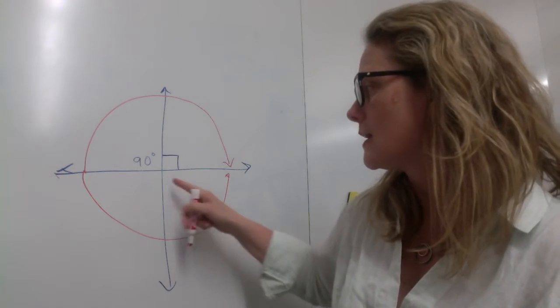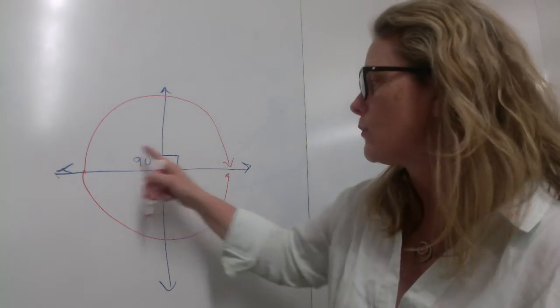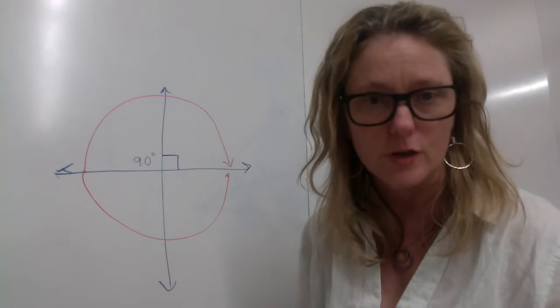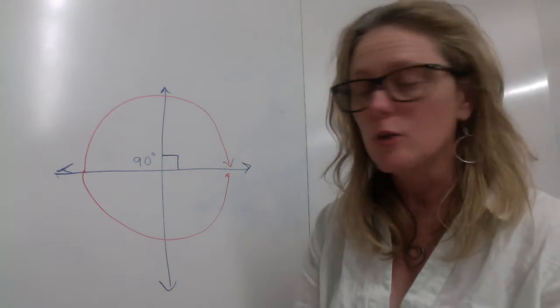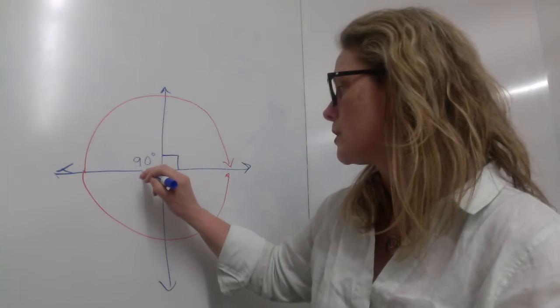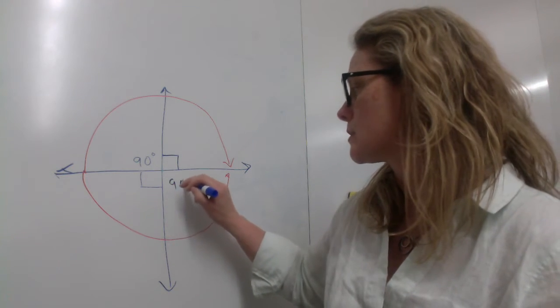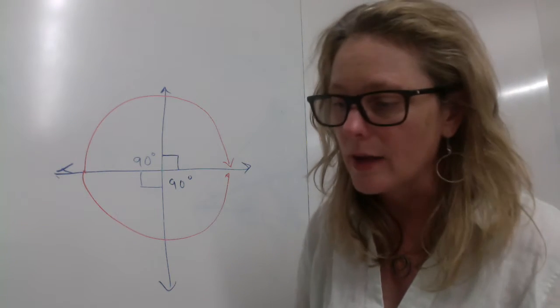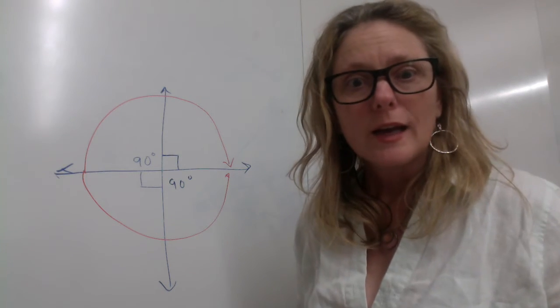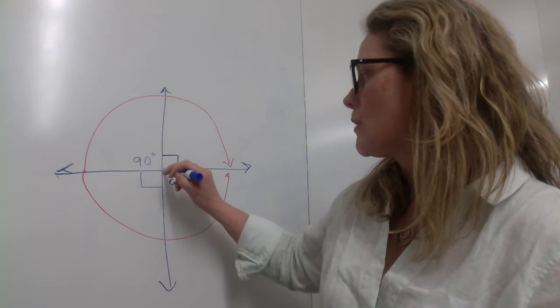So if this is 90, that's also 90. Okay, so all four of those angles are 90 degrees. Again, I could put a box here representing 90 degrees, or I could even just put 90 degrees.